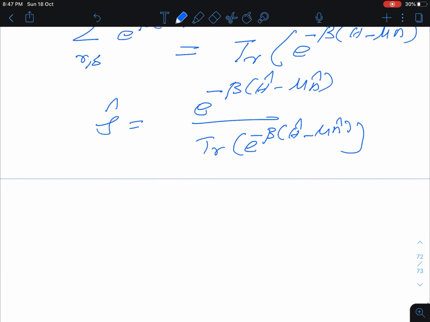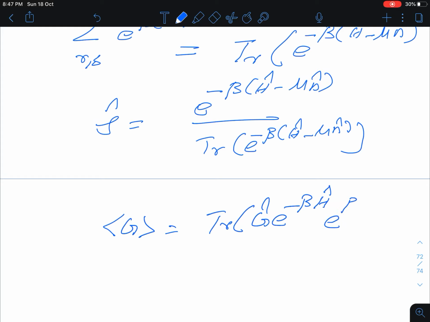Good. So that's it. Similarly, you can find the expectation value of any function G. It will be the same as we did earlier: the trace of G operator e raised to minus beta H into e raised to beta mu N, where alpha is mu by kT anyway, divided by the trace of e raised to minus beta H e raised to beta mu N. Clear?